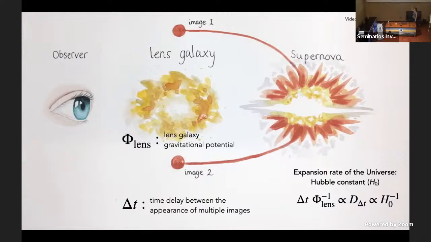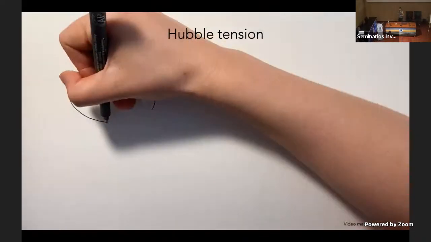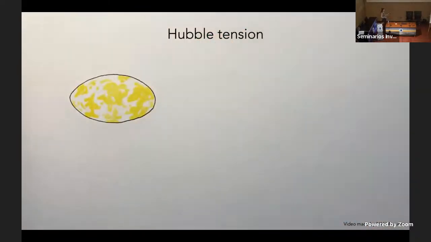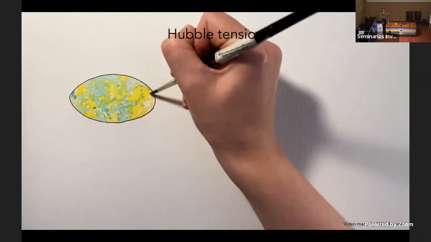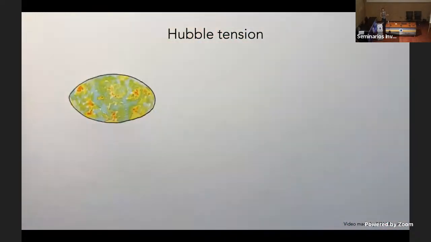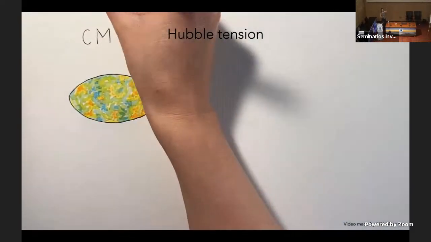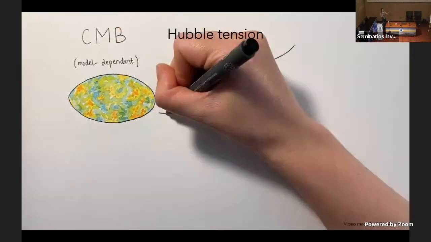And this is especially useful because currently there's a persistent tension between 2 methods to measure the Hubble constant. This so-called Hubble tension relates to 2 different ways we can measure the expansion rate of the universe. The first one is by looking at the first light we can see in the universe, the cosmic microwave background radiation. By looking at the characteristic scale of the fluctuations, we can determine the distance between us and the CMB.